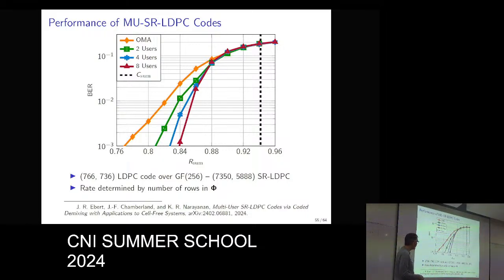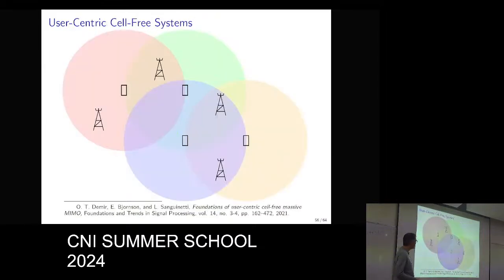It's only optimal asymptotically. This curve here is the capacity of the sum channel. So this is only to say that it seems to be quite a good scheme. It's a low complexity decoding scheme, in that the complexity scales with the number of users, and the performance improves as you go.